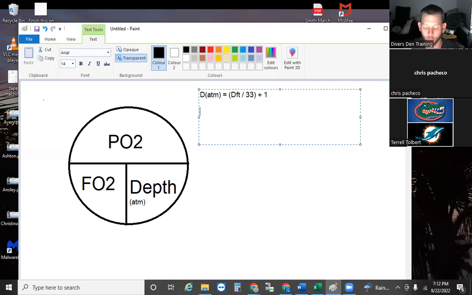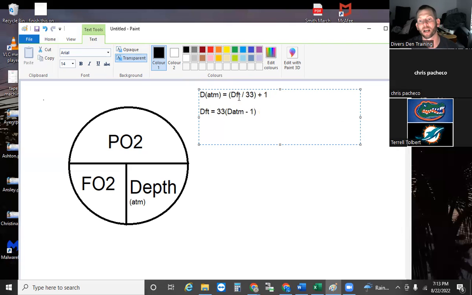And then you can do depth in feet equals, let's see how I do this real quick. It's going to be 33 times the depth in atmospheres minus 1. So, real quick algebra. That's how I always remember that.